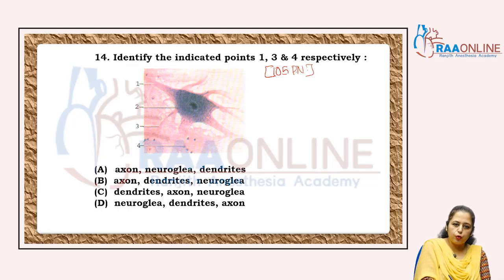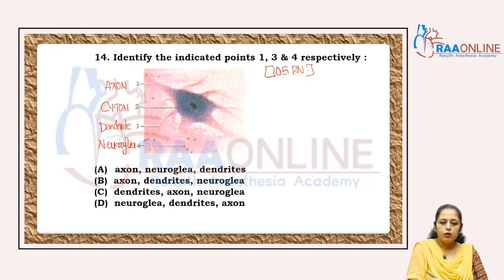And that one shows the axon, that two shows the cyton or the cell body, that 3 shows the dendrite, right? And that 4 shows the neuroglia cells, right? So identify the indicating points 1, 3 and 4 respectively.